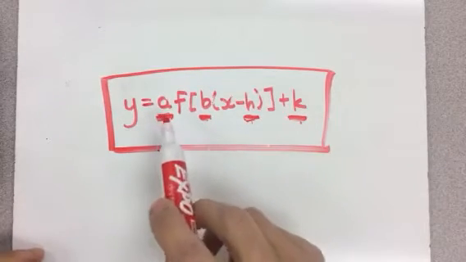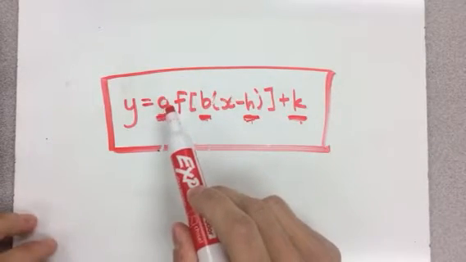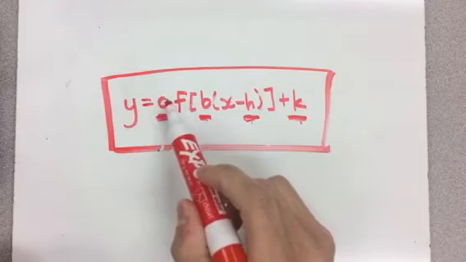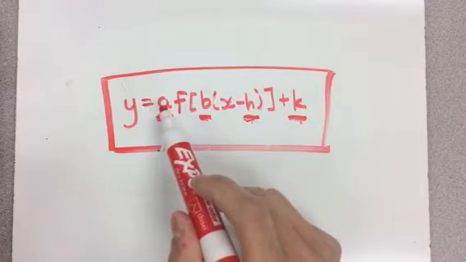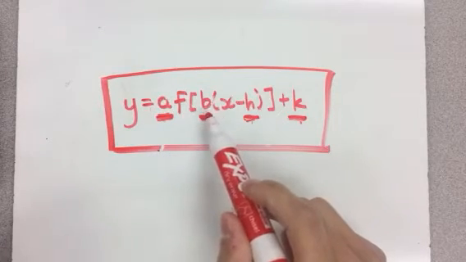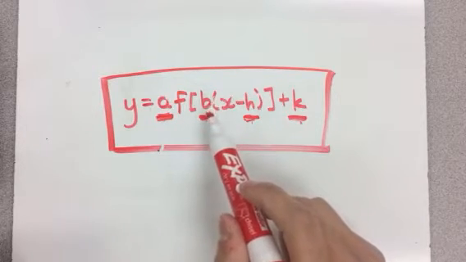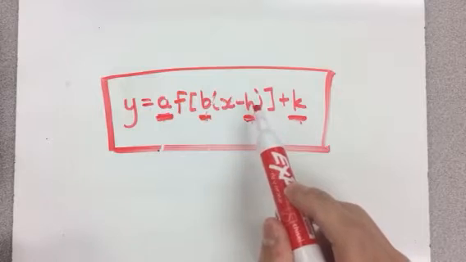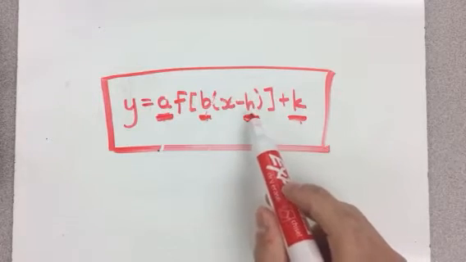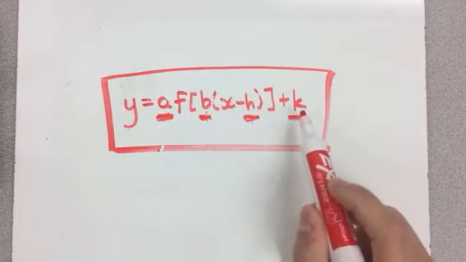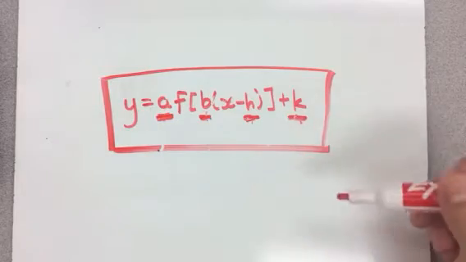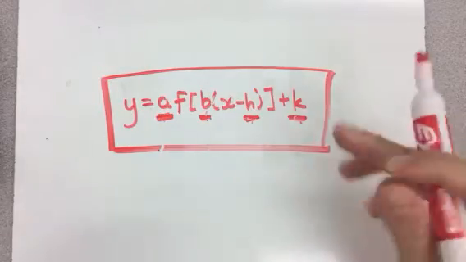So remember, a is your vertical stretch. If this value is negative, then it's also going to be a reflection in the x-axis. b is your horizontal stretch. If this is negative, then it's also a reflection in the y-axis. And then h is our horizontal translation, either left or right. k is our vertical translation, either up or down.